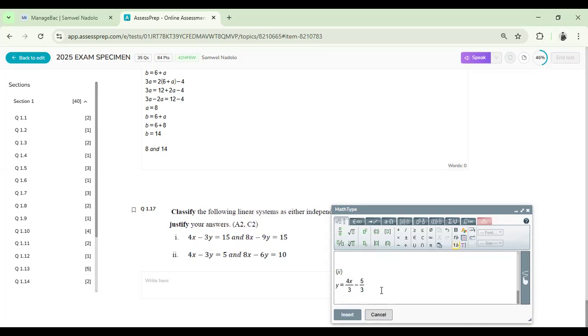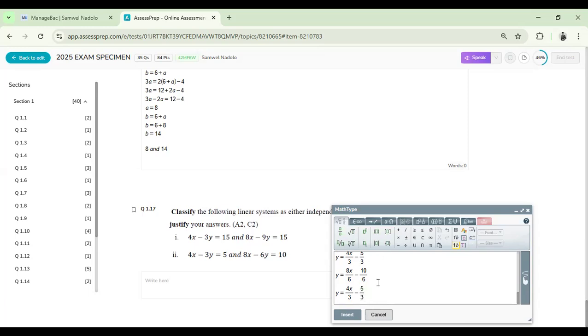The second system will be y equals to, we'll have a fraction, then we'll have 8 over 6, or 8x over 6, and then we'll have minus, because we'll have to divide by -6, and then it will turn to minus, so minus 10 over 6.